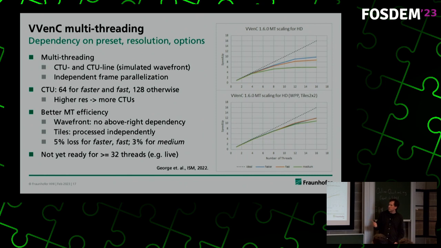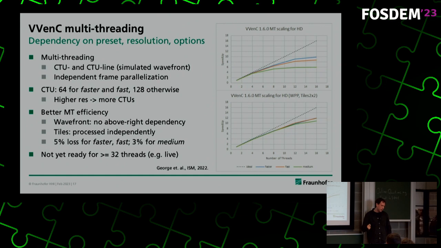So we can improve the scaling by enabling normative features of VVC. So either doing tiles, that is independent regions within the picture, or enabling the normative wavefront, which allows us to kill one dependency within the encoding. And this is on the bottom right.